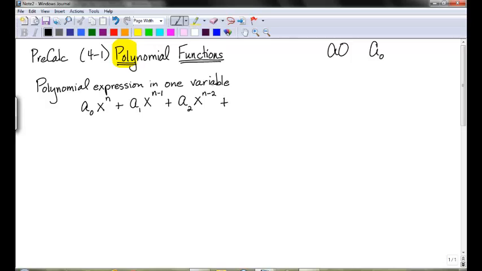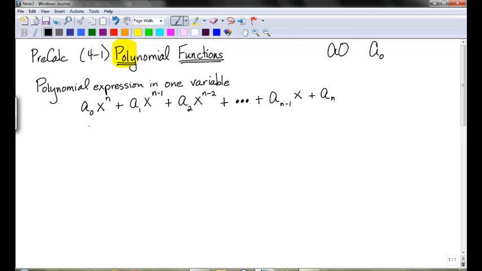And to show that they left out terms, they will always use 3 dots. That pattern would continue. And then you need a plus sign on both ends of the 3 dots. And then it's a sub n minus 1 x, and that would actually be x to the first. They don't usually write down the 1, plus a sub n. That is a polynomial expression in one variable.